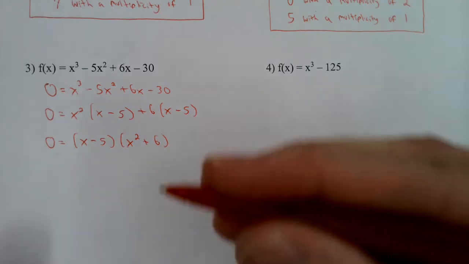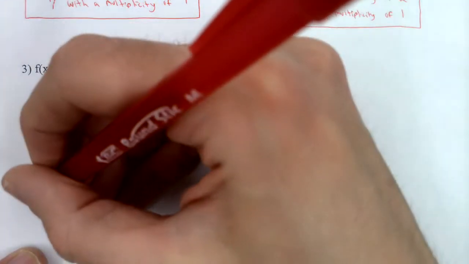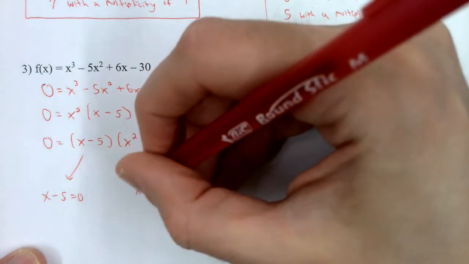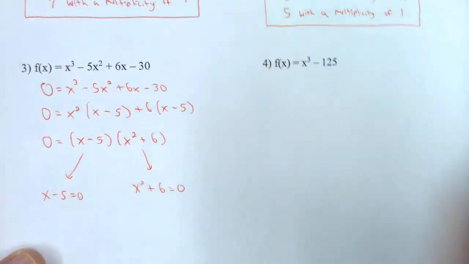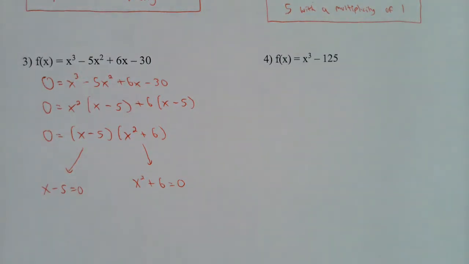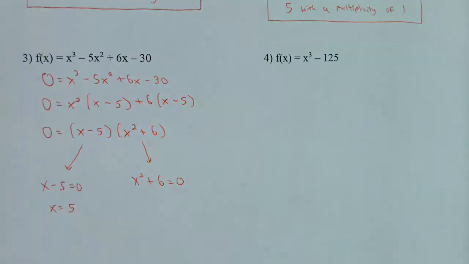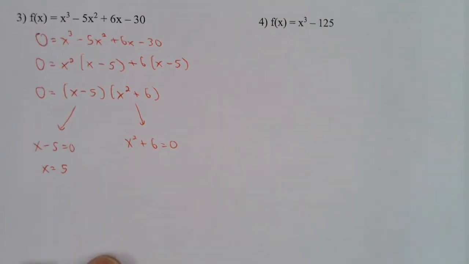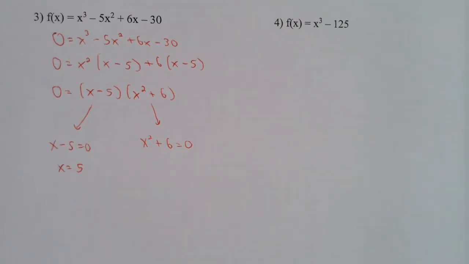Now let's solve. X minus 5 equals 0. That's easy. And then x squared plus 6 equals 0. This first one is going to give you x equals 5. When you have x squared plus 6 equals 0, think back to unit 3.